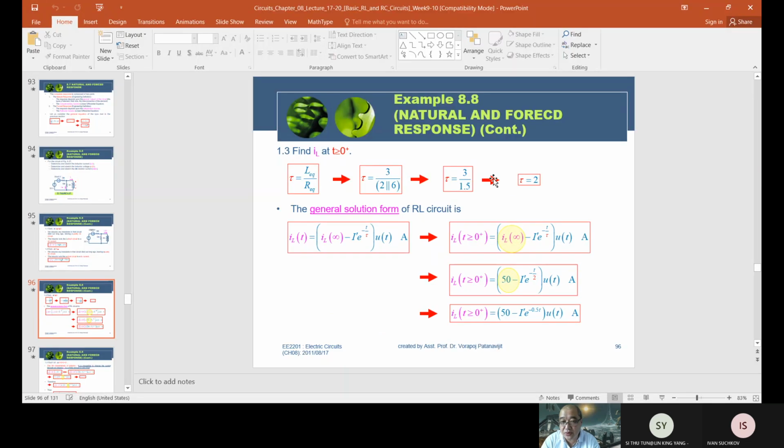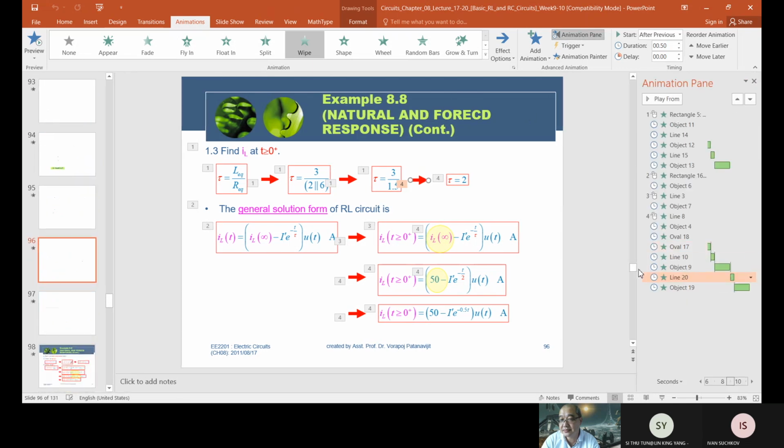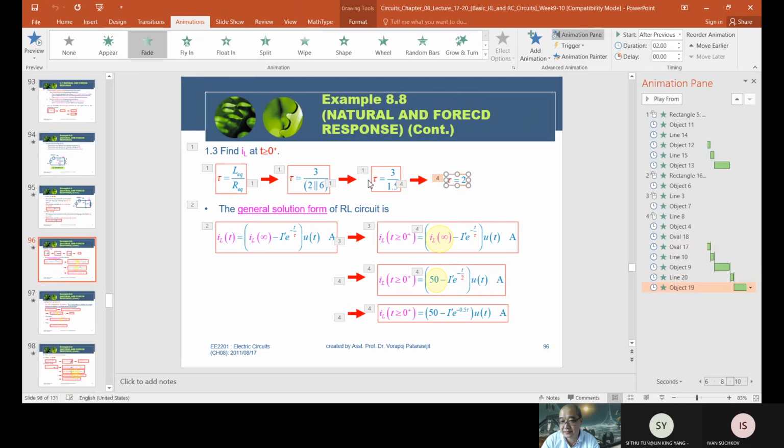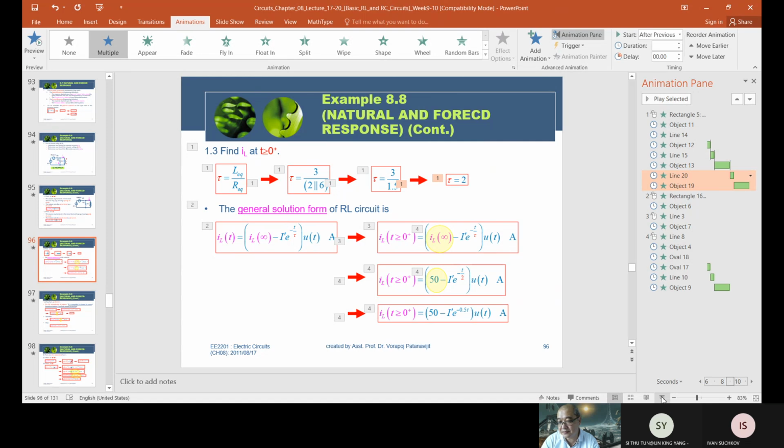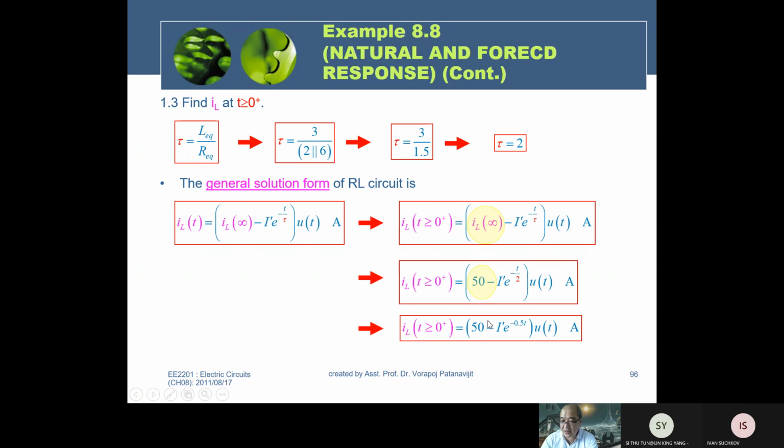Sorry, maybe the sequence of the slides is a little bit earlier. After you get IL for time greater than 0, it equals 50 minus I_h, e to the power minus 0.5t u(t), at equation 1.3.